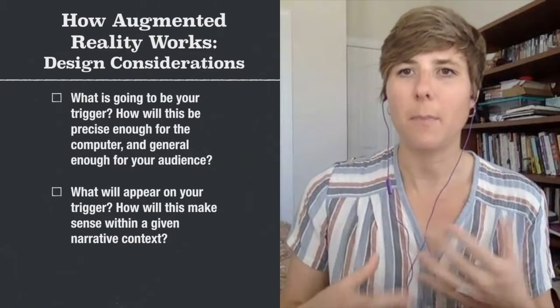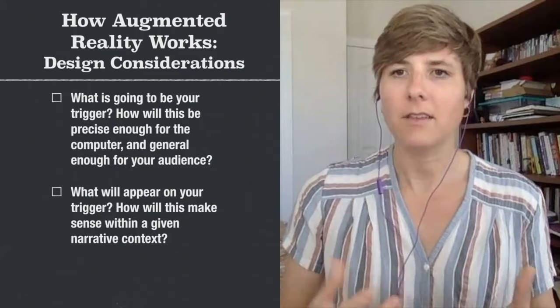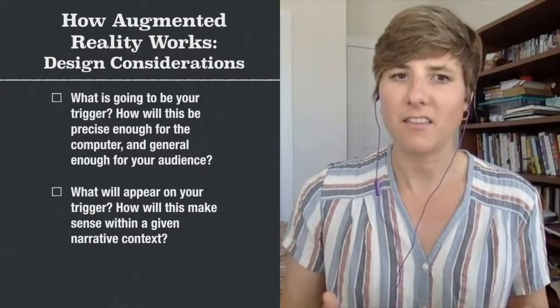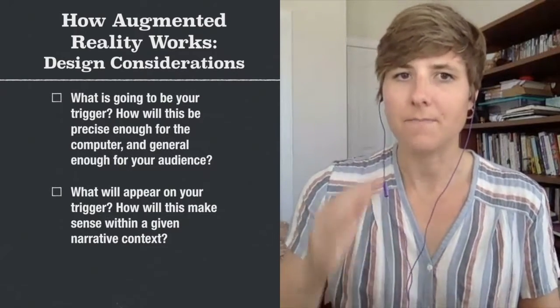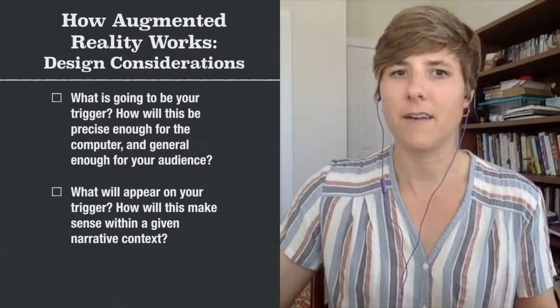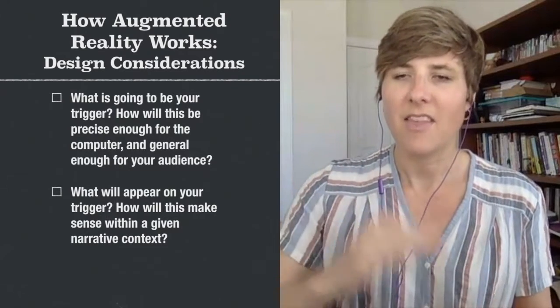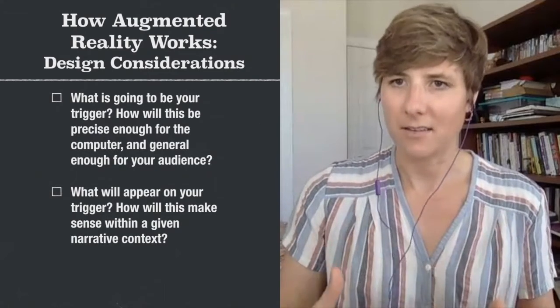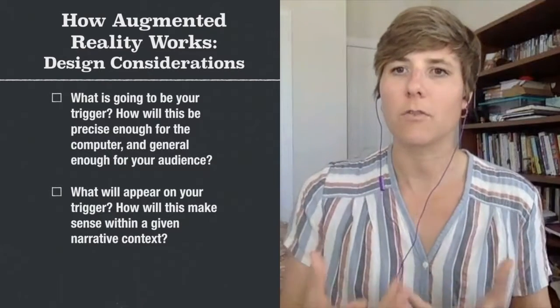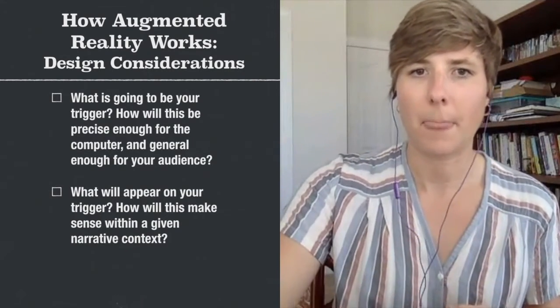Buying furniture as part of filling up your house and living in a space and making a space yours. Reading a story about Olympic athletes on the New York Times. Each of these is what ultimately provides that contextual frame that makes the AR trigger and the AR content actually make sense, and actually work as an overall narrative experience.